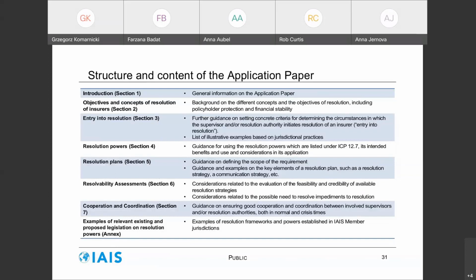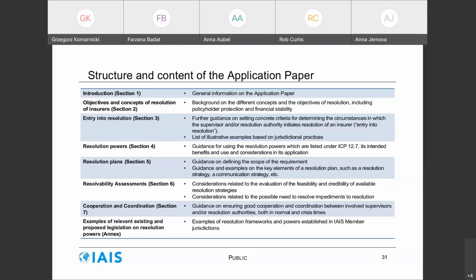We go into the objectives and concepts of resolution, including policyholder protection and financial stability as top goals. We talk about entry into resolution in section 3, where we've tried to put forward guidance for some relatively concrete criteria to determine the circumstances under which resolution would be initiated.